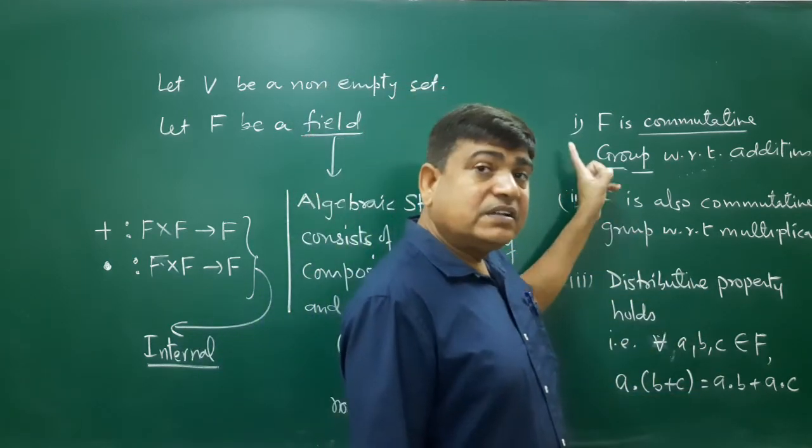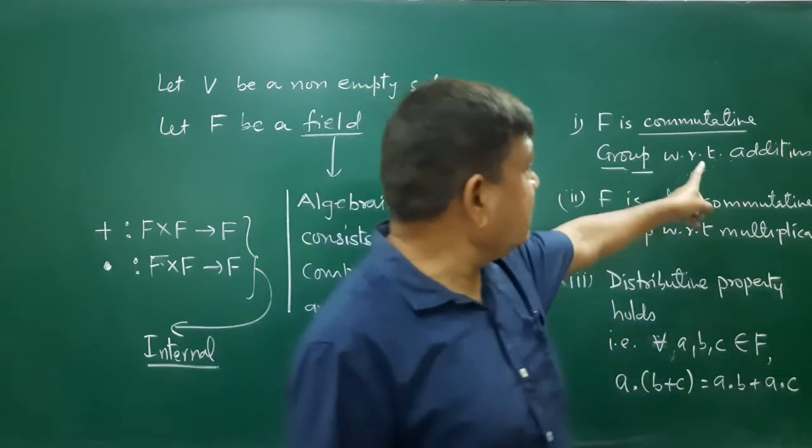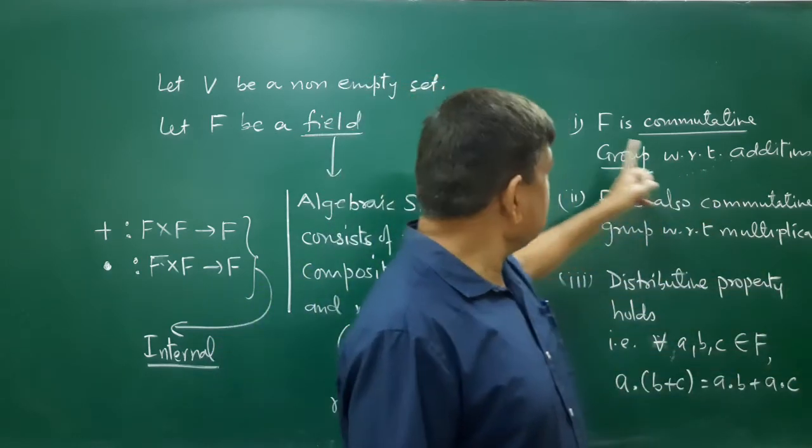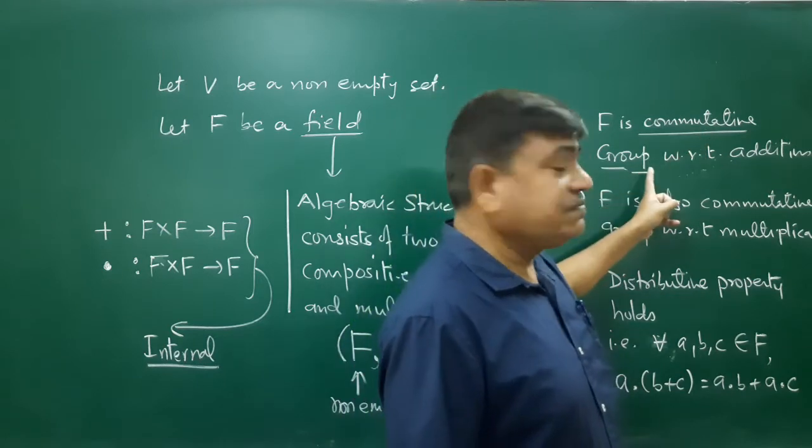Then F is an abelian group, or you can say commutative group.